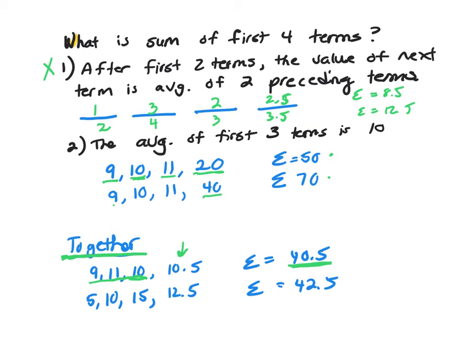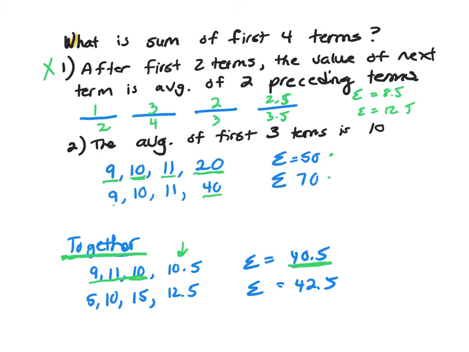All right, let's go again. I had to change my numbers up. 5 plus 10, let me see. After the first two terms, the value of the next term is the average of the first two. No, it's a sum. No, it's the average. Well, 5 plus 10, that's not going to work.